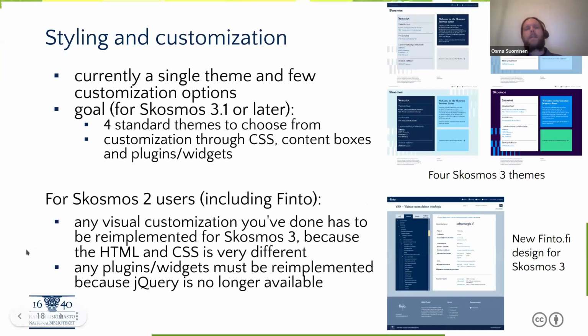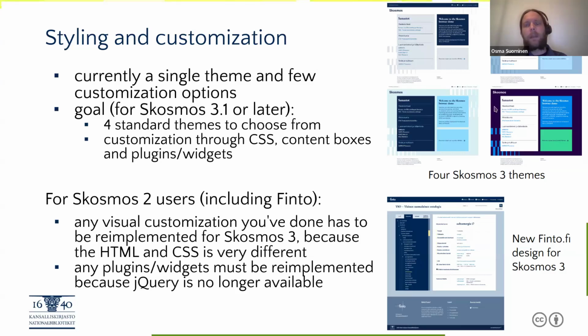Styling and customization. So currently we have been working with just a single theme, the one that I showed in the demo. That's like blue and gray, basically, the one here at the top left. We still haven't built the functionality for customization, but what we are planning for is to have 4 standard themes to choose from.